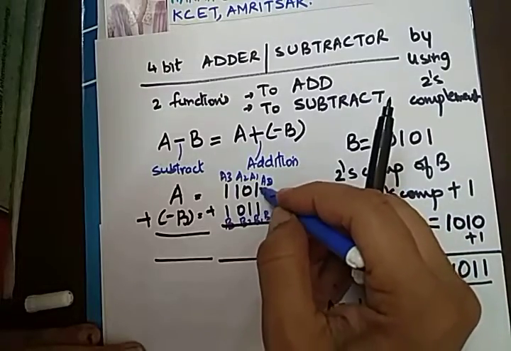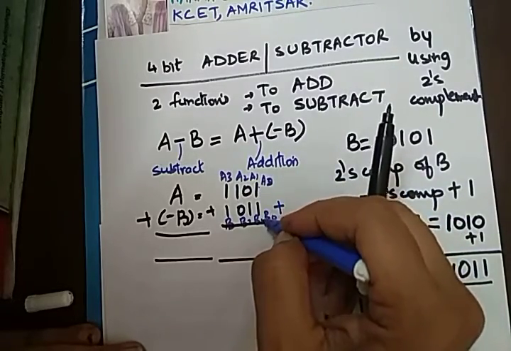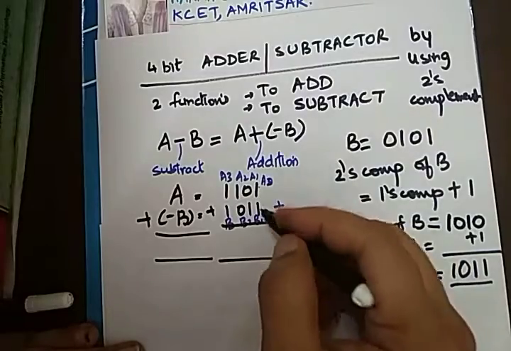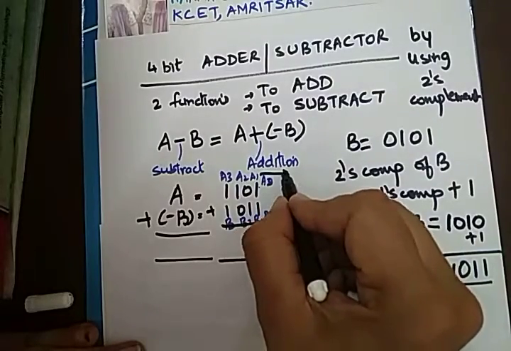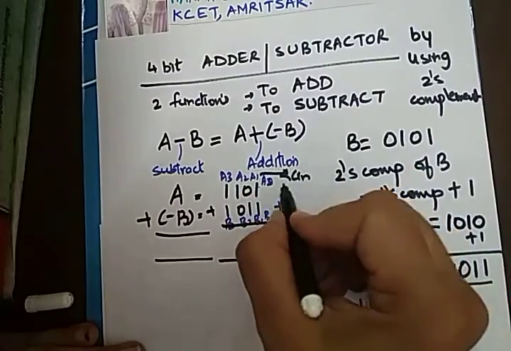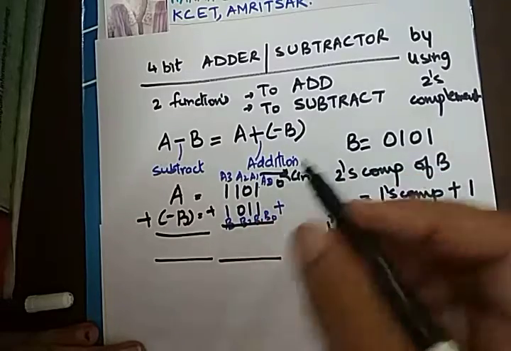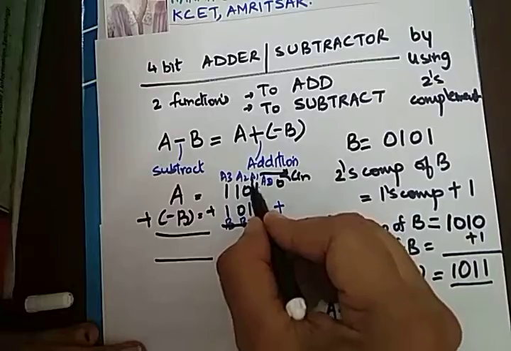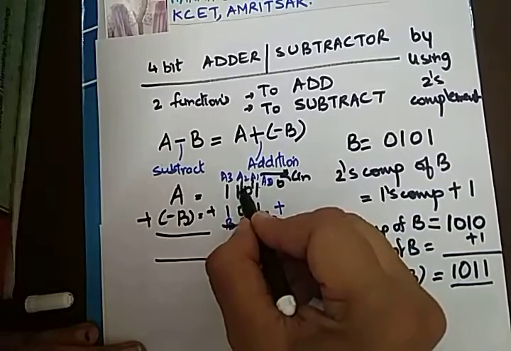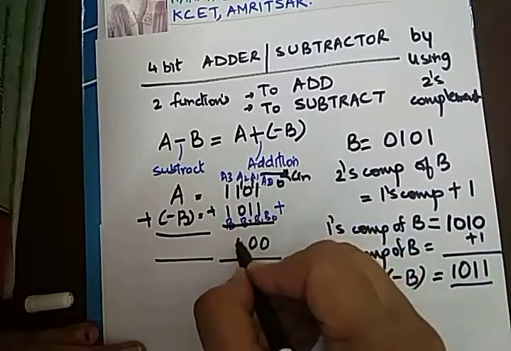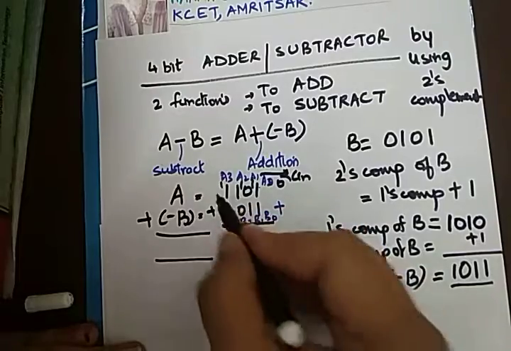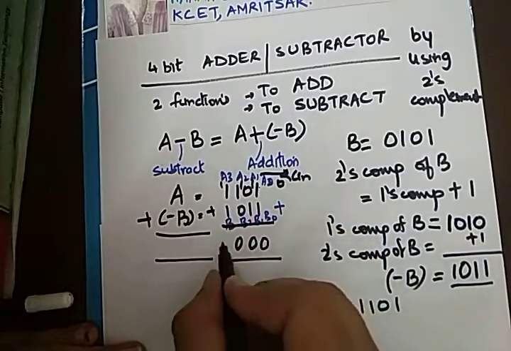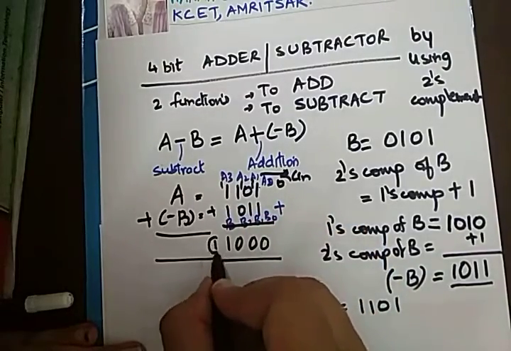The first bit added, A0 and B0, gives 1 plus, and there is a carry in from somewhere. If we assume that as 0, it will be 1. Then 1 plus 1 is 0 with a 1 carry, 1 plus 1 is 0 with a 1 carry, 1 plus 1 is 0 with a 1 carry, 1 plus 1 plus 1 will be a 1 with a 1 carry.